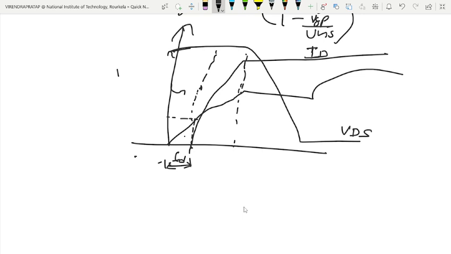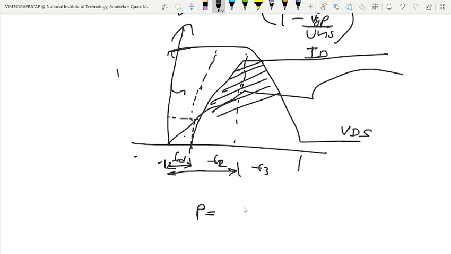Here, suppose that I am considering T1 and suppose T2 and here is T3. Power loss: suppose this is the drain current, this is the drain-to-source voltage, then the total power loss.